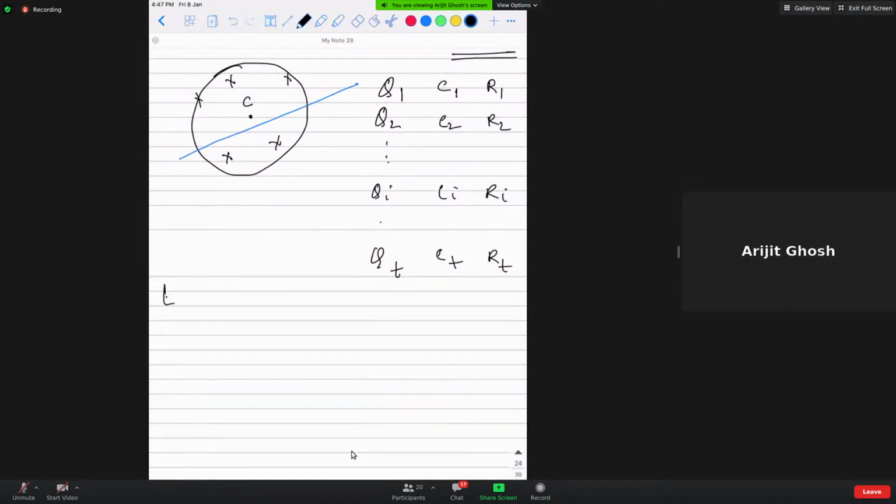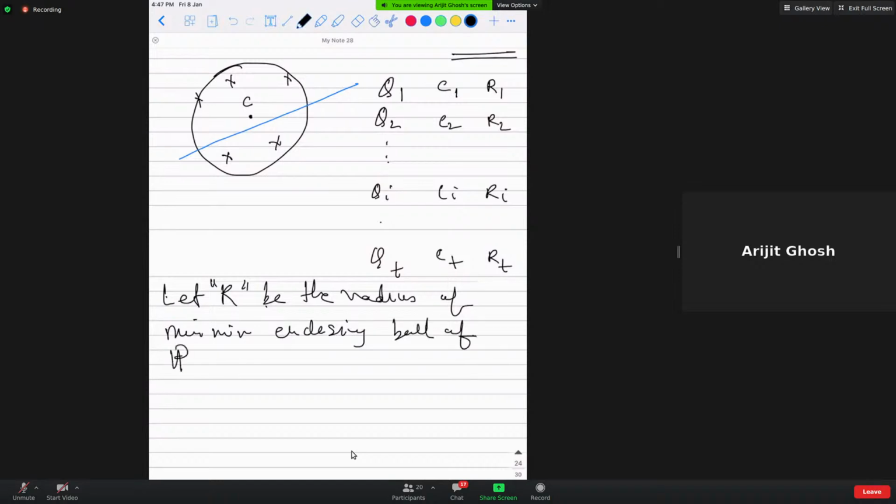Let R be the radius of the minimum enclosing ball of the point set P. And then we define a few more parameters.